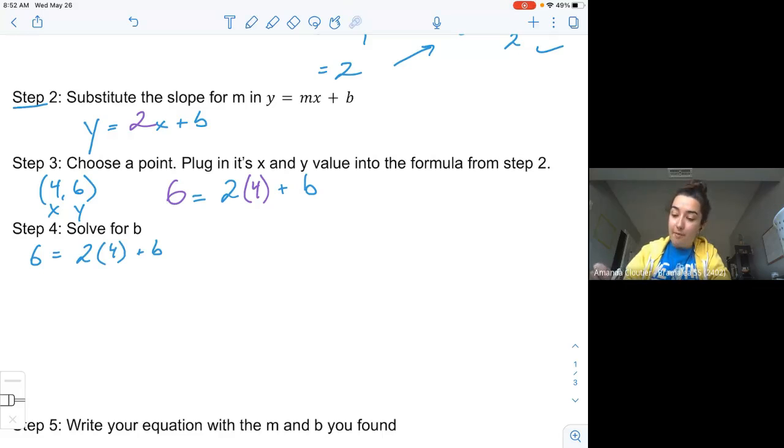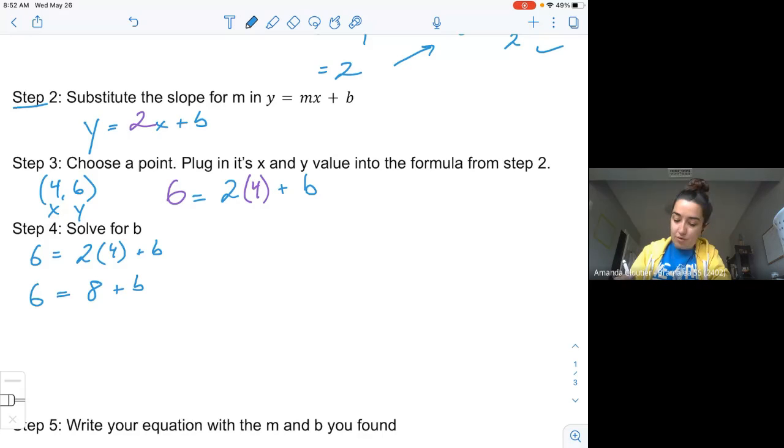First things first, I'm going to do my 2 times 4. So 6 is going to be, what's 2 times 4? 2 times 4 is 8. Good. 8 plus b. And then I need to get my b on its own.